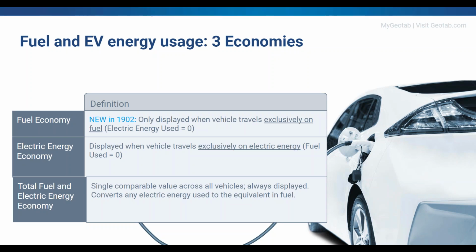Whether they travel exclusively on fuel, exclusively on electric energy, or for plug-in hybrids that could be traveling on both, it's always displayed. What we do there is a conversion of any electric energy into fuel to provide that single comparable value. So that's what you want to look for now if you've got a mixed fleet of electric as well as fuel cars. Okay, hopefully that's clear.